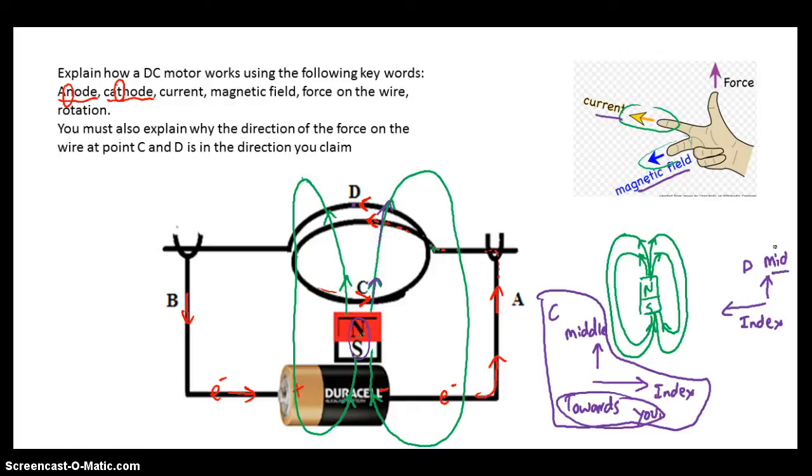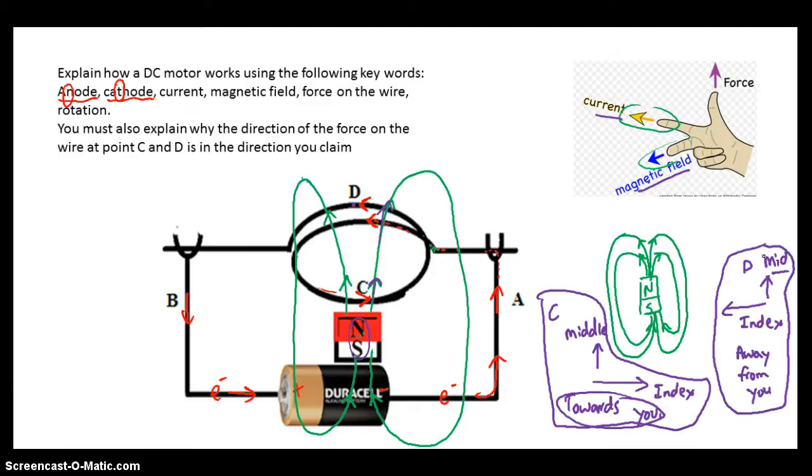Use your middle finger for this one. So we have index finger to the left, middle finger up. This one's pretty difficult to try yourself, but the force is going to be away from you or into the page.